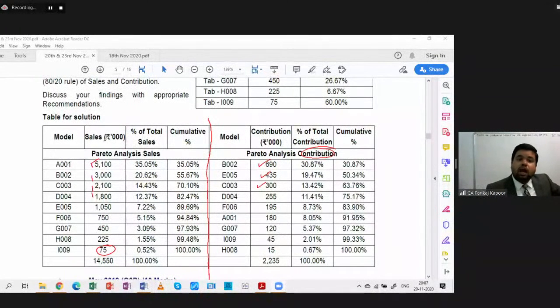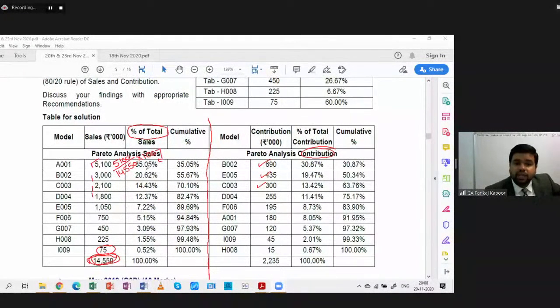And you know that after writing the items in the order of the significance, what you need to do? You need to calculate the percentage of each item as of the total frequency. What is the total frequency? The total sale is 14,550. And you need to evaluate what is the weight of the A1. The percentage of A1 is 5100 divided by 14,550 into 100.